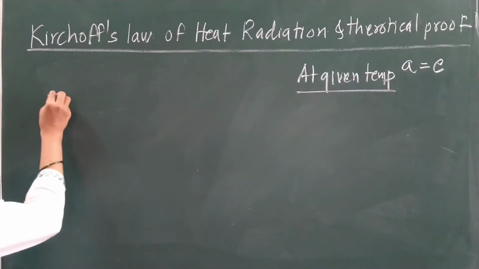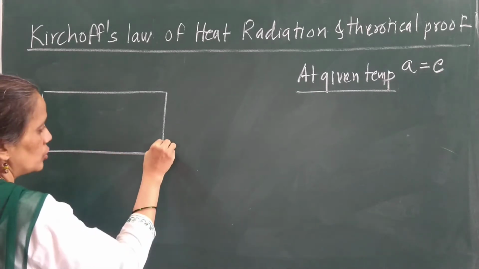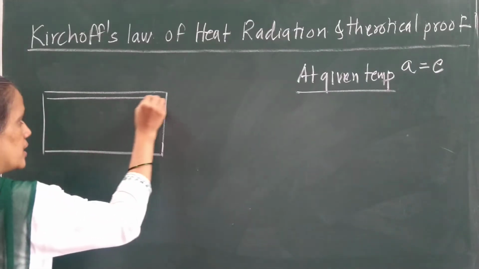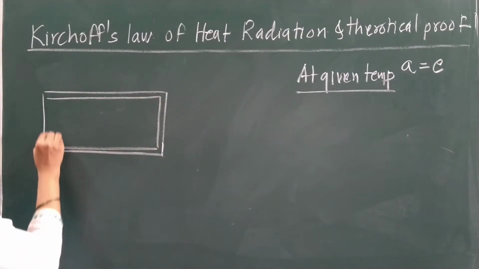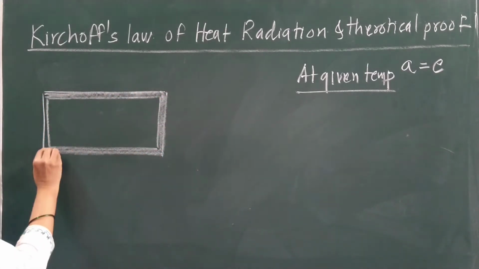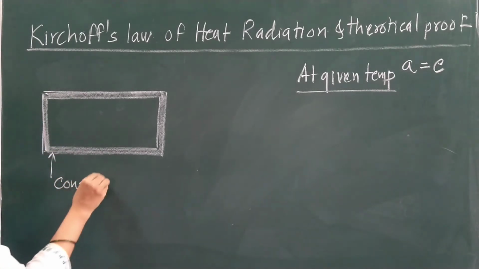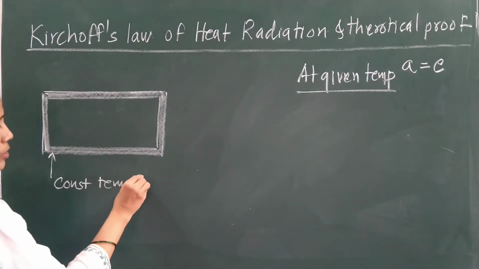Now, what is the thing we are going to consider? We are going to consider a constant temperature enclosure. This is a double walled constant temperature enclosure. So I can label it as a constant temperature enclosure.